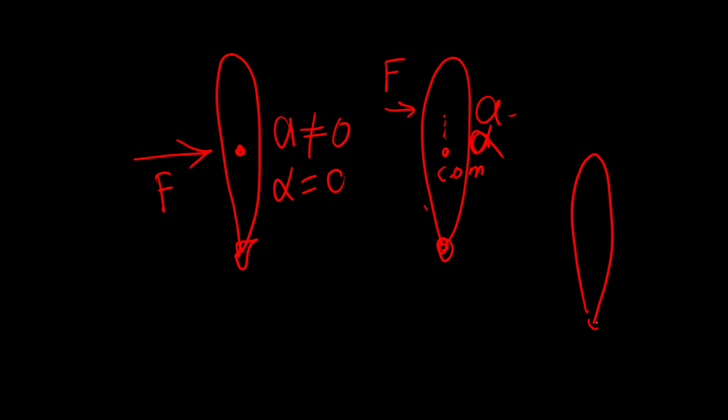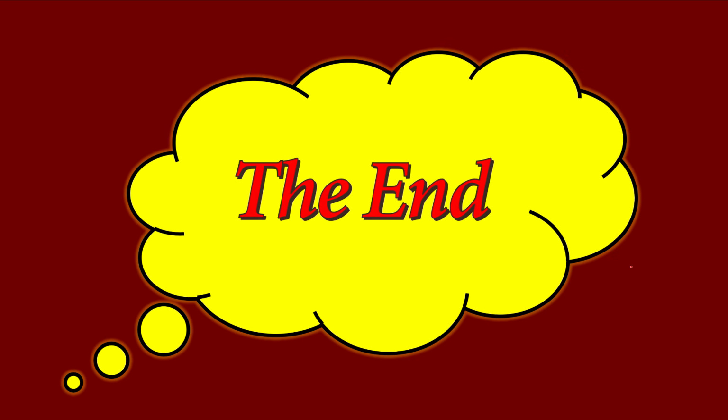When a couple is acting on the object, necessarily this couple includes a pair of opposite and equal forces, okay? They cancel each other. There is no translational acceleration, but we do have angular acceleration due to the torque created by this couple.